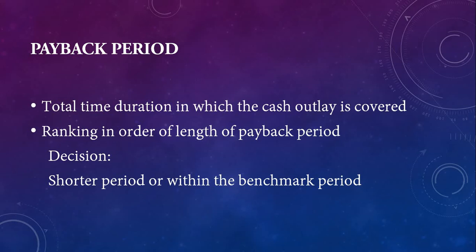And if the company has decided a benchmark period, that it needs to recover the amount invested in 5 years, then if the project is able to meet the benchmark period, it will be selected, otherwise it will be rejected.